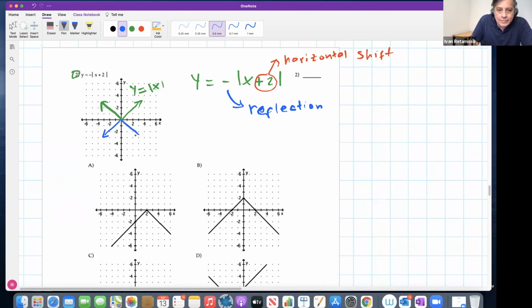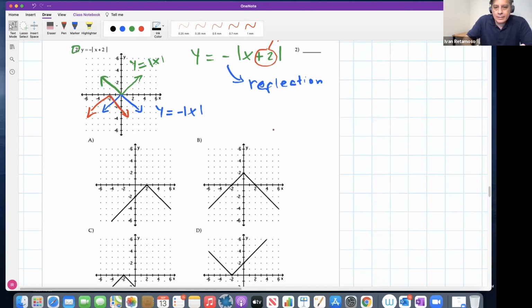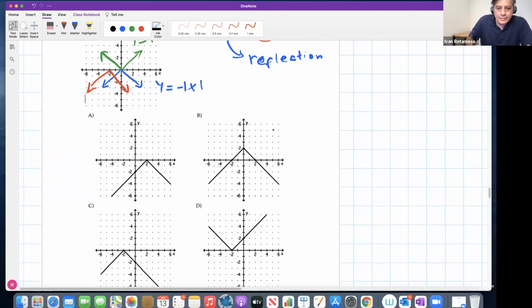We get this, right? And then this plus 2 affecting the input value means you have to shift the graph horizontally 2 units to the left. So this moves to the left. So finally, 2 units to the left will be here. Very good, guys. So this is this.